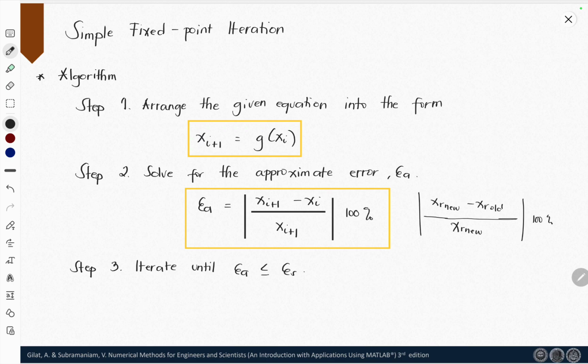So this is just the same with this formula: new minus old over new. For step 3, iterate until the approximate error is less than or equal to the stopping error, epsilon sub s.